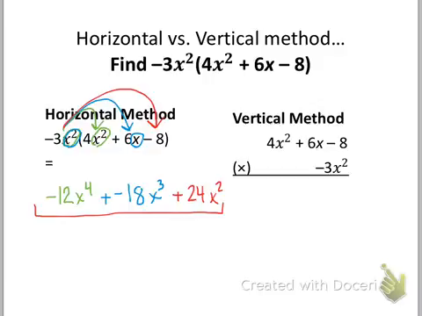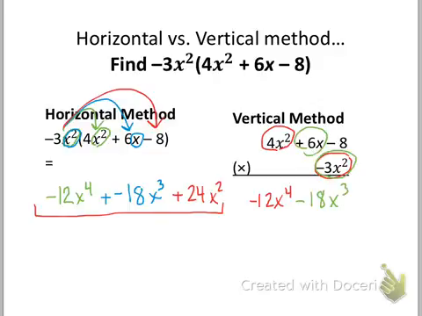Now, the vertical method is very similar. You're just going to take the numbers and line them up vertically. You're going to do 4x squared times negative 3x squared, which is negative 12x to the fourth. Then you're going to take 6x and multiply it by negative 3x, which gives you negative 18x to the third.